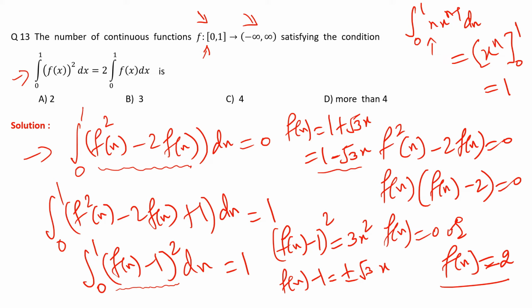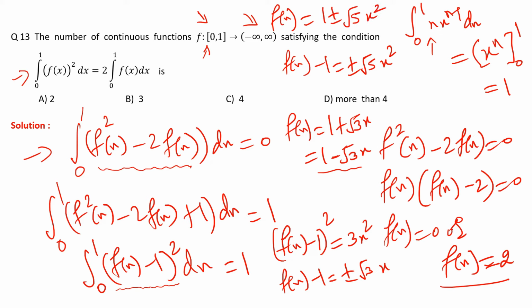Fine. Now similarly, till now we have got 4. Now similarly you can create many more. You can put (f(x) minus 1) whole square as 5 into x to the power 4. Just put n as 5 in this. When you put (f(x) minus 1) whole square as 5x^4, you'll be getting f(x) minus 1 equal to plus minus root 5 x^2. So from here we'll be getting f(x) equal to 1 plus minus root 5 into x^2.